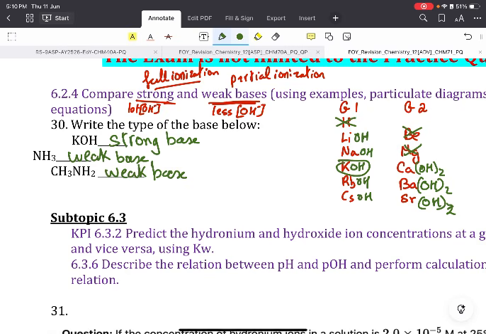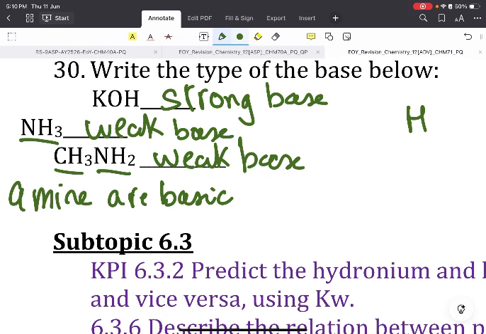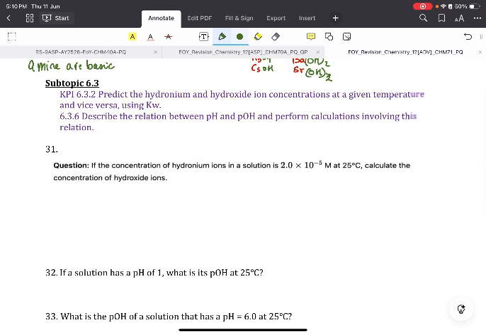Now you just need to remember that an acid will have an H in it, but these bases, you remember you learned in term 2 the amines, it's a carbon, nitrogen and hydrogen group, or nitrogen and hydrogen group. Amines are basic, so be careful not to say that this is a weak acid. It is a weak base.